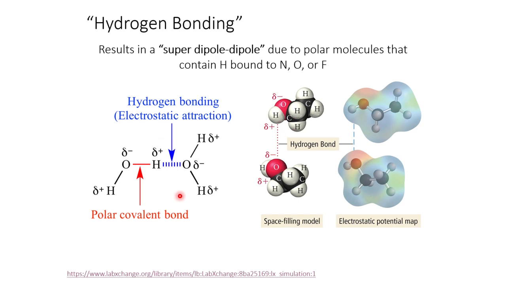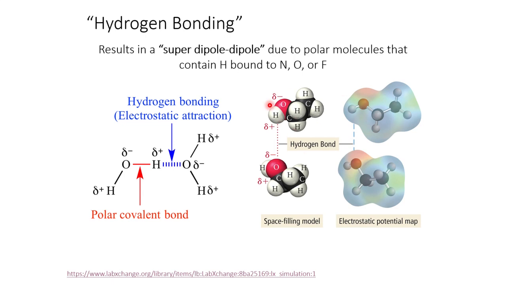And this is pretty much how they're always shown, where you have the covalent bond as a straight line, and then you have a dashed line to show hydrogen and oxygen interacting with each other. So here we see for ethanol, we have this delta negative, the partial negative on the oxygen, interacting with that partial positive on that hydrogen.